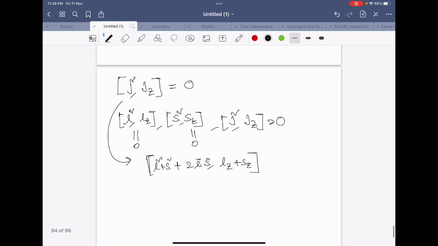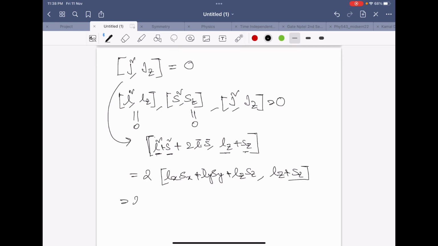Now L square will commute with Lz as well as Sz because L and S are completely independent of each other, and S square also commutes with Lz and Sz. So we need to show this for the term 2 L dot S, starting with Lx Sx plus Ly Sy plus Lz Sz, comma Lz plus Sz.